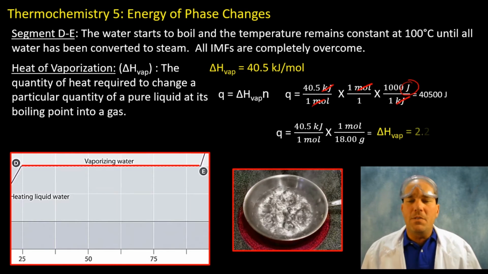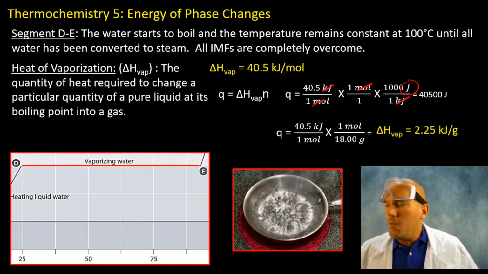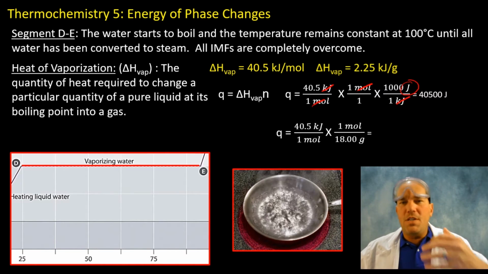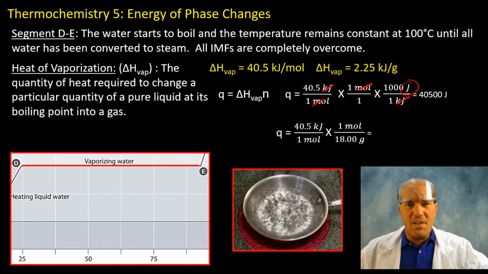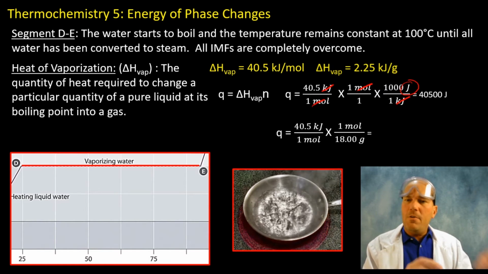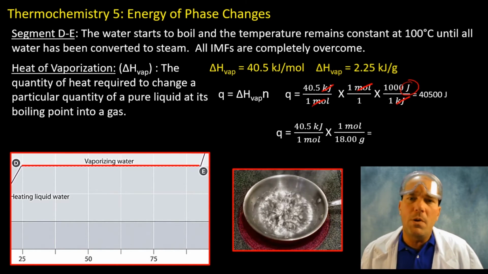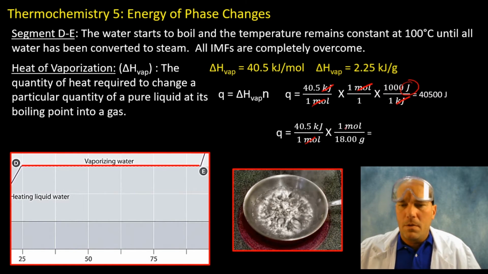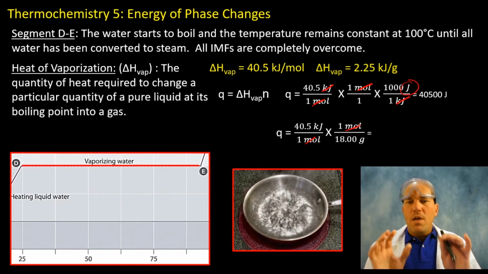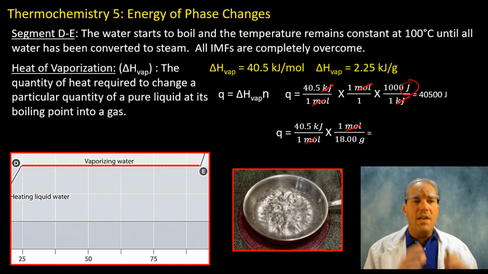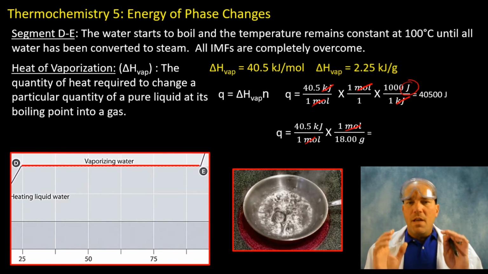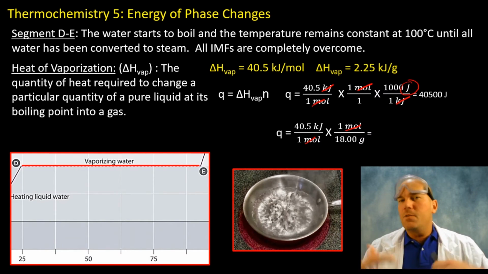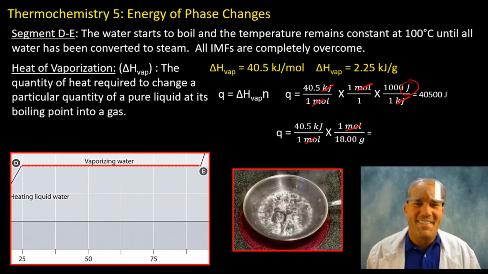We can cancel out the moles, and now we have a value of the delta H, or change in enthalpy of vaporization, expressed in terms of a gram. That number is 2.25 kilojoules per gram. So there are two different ways to express the heat of vaporization. You'll need to be able to convert between both of these readily as needed.